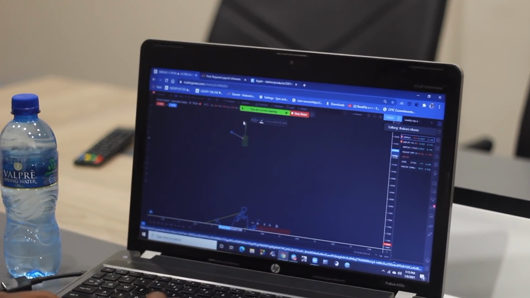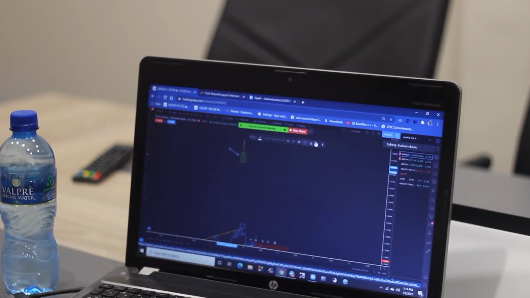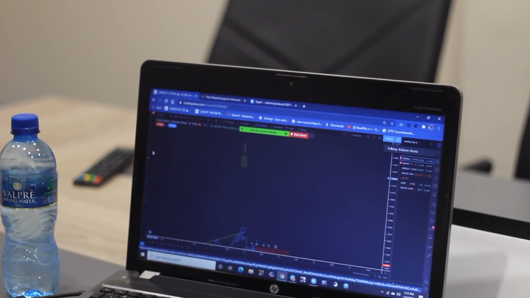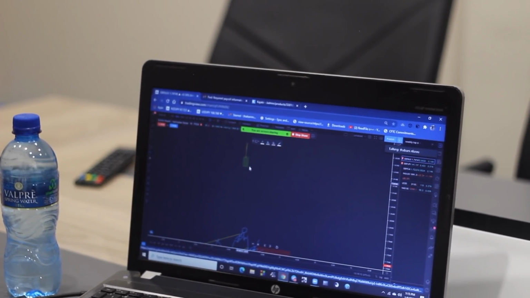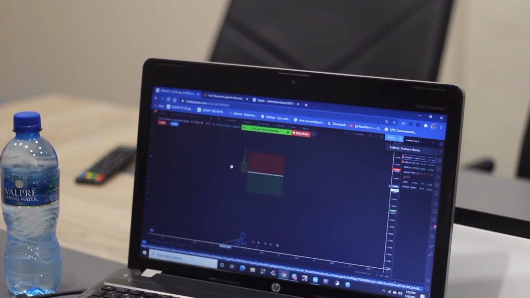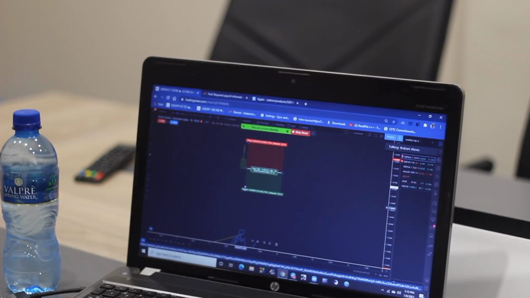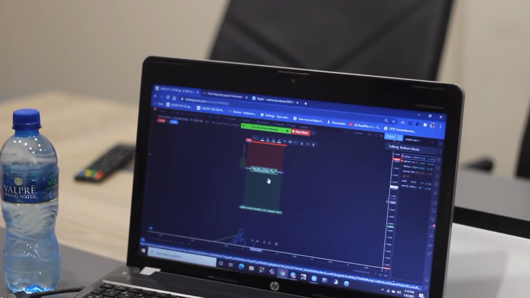This clearly tells us that sellers have gained momentum. So how do you take a trade using this type of candlestick? You take a trade after the candlestick has closed bearish. Then you put your stop loss just above this spike candlestick, and target all the way to the downside.